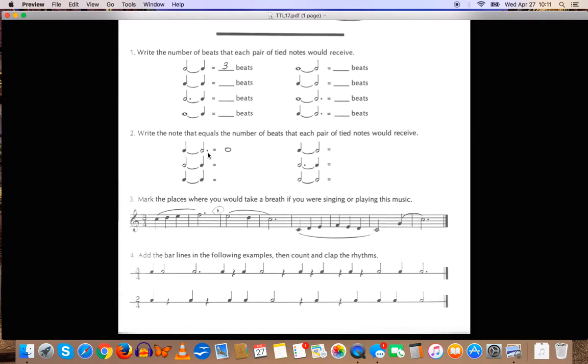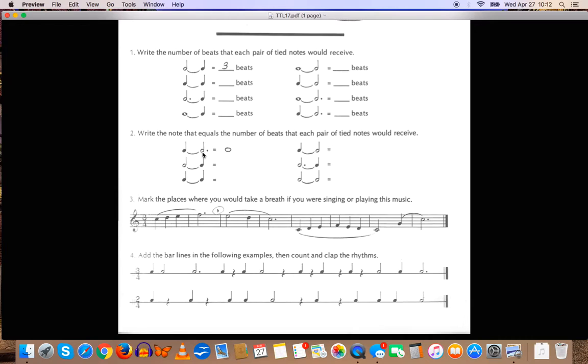For this one, it's basically the same activity, except the answer should be one note. So instead of a number, write the equivalent note. For example, we have a quarter and a dotted half. 1 beat plus 3 beats. Remember, a dot adds half of the value.